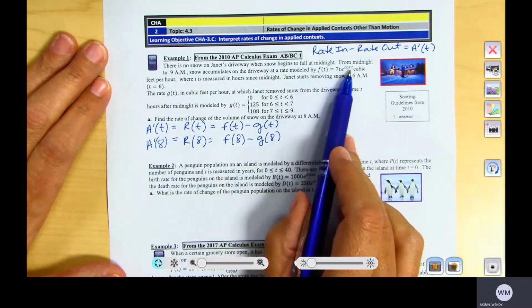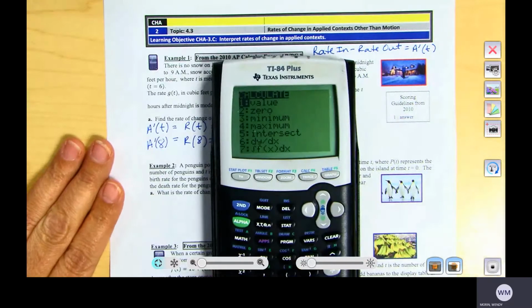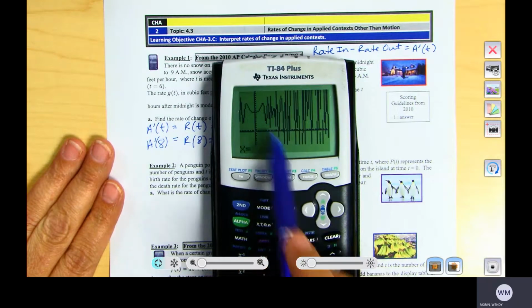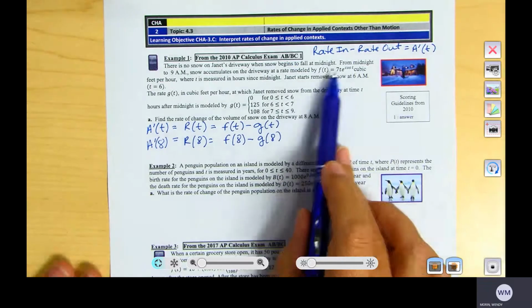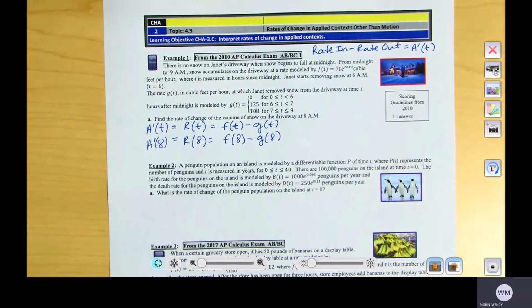Now, if you have this typed into your graphing calculator, you can just use your calculator feature, calc value, and you can go ahead and type in 8. I don't have the right equation in, but if you do, you type in 8, press enter, and it's going to spit out a number here. 8 into here and 8 into here. I like storing the calculator as a y sub 1, just so I don't make any calculator mistakes.